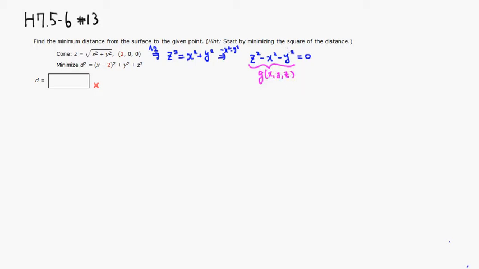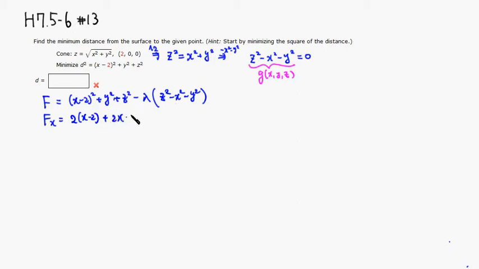Let's construct capital F, which is going to be the quantity x minus 2 squared plus y squared plus z squared minus lambda times z squared minus x squared minus y squared. Let's take the partial with respect to x. That will be 2 times x minus 2 times 1, plus 2x lambda, set equal to 0.